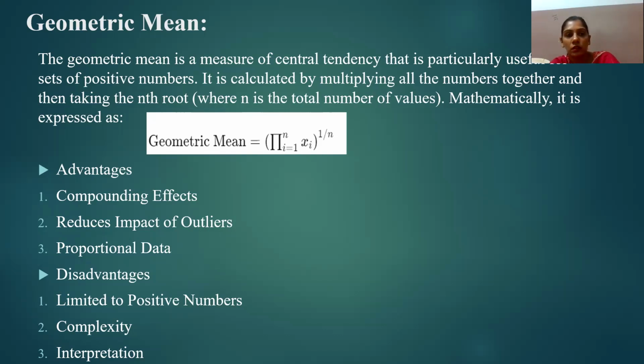This concept we are studying from the starting of central tendency. So this is how we calculate the geometric mean, which is defined mathematically by this formula, which you can see on your screen.